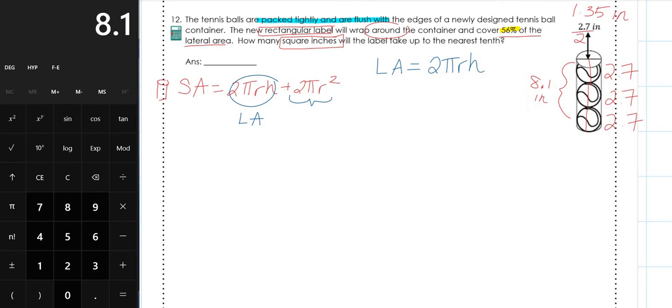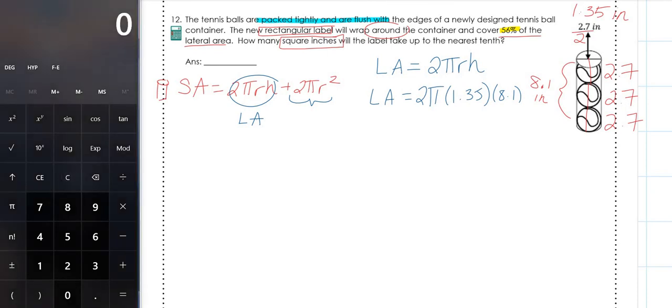Now, let's plug all of this in and let's figure out our lateral area for the container. So lateral area equals 2 pi, radius of 1.35, times 8.1. Multiply all that together. I'll keep pi for last, so I'm not going to multiply the pi in.